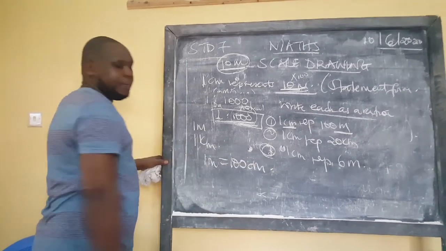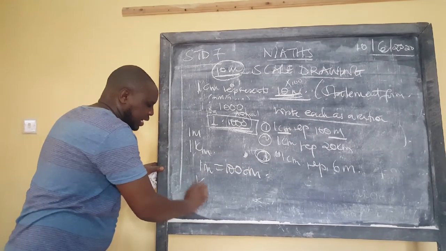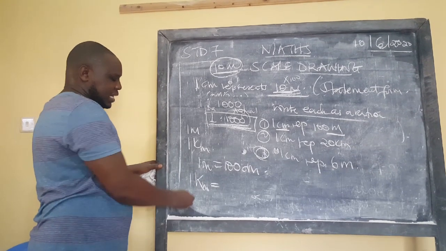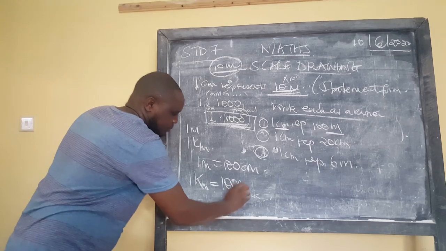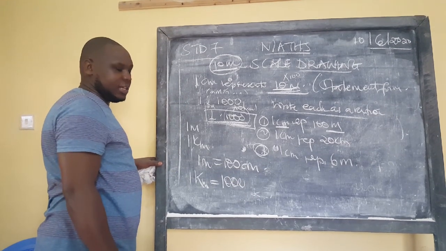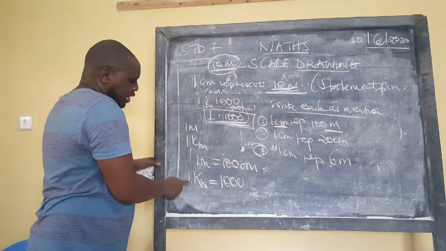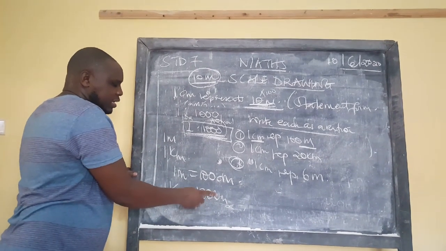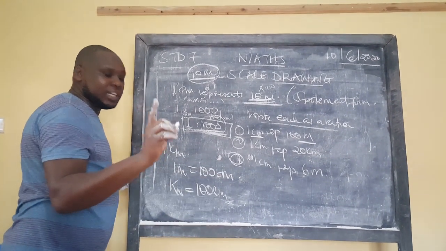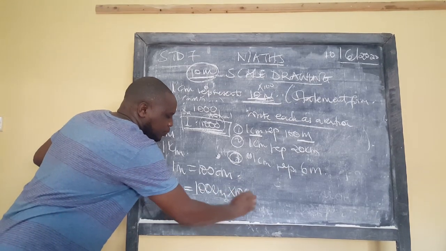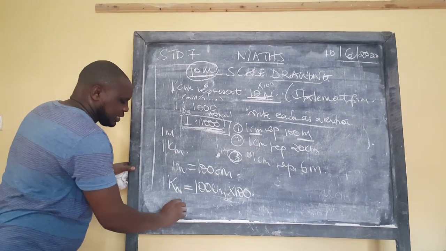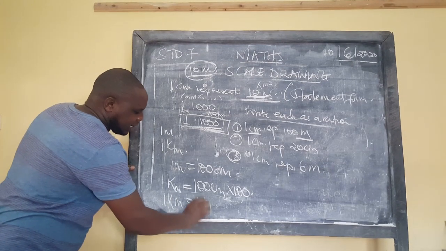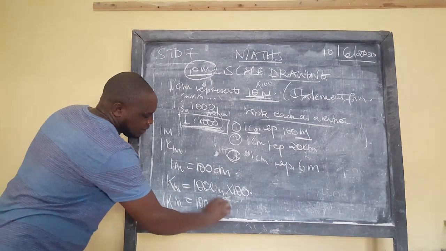Get that clear, Lana? And then for 1 kilometer, we first change a kilometer to meters. How many meters are there in a kilometer? 1,000. See how you're getting the units there. 1 kilometer is 1,000 meters. So these 1,000 meters, each one of them has 100 centimeters. So you multiply by 100 also. So you can simply say 1 kilometer is equivalent to 100,000 centimeters.